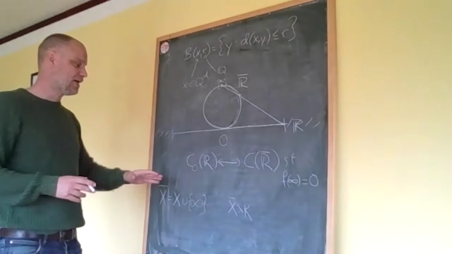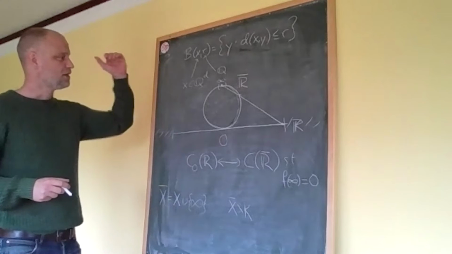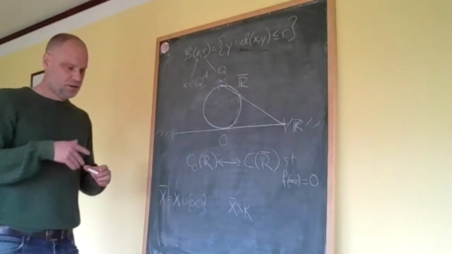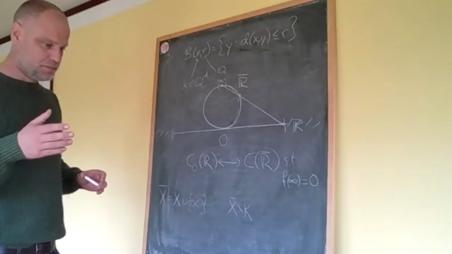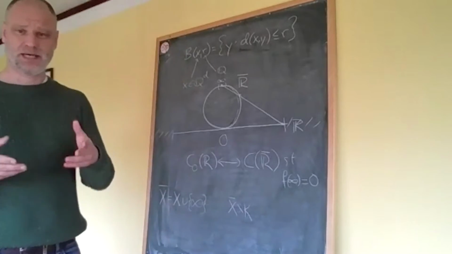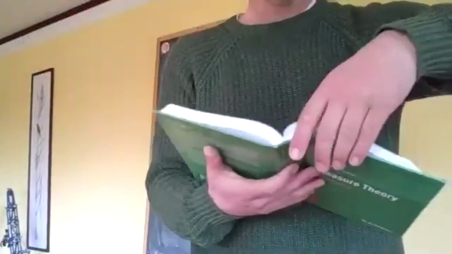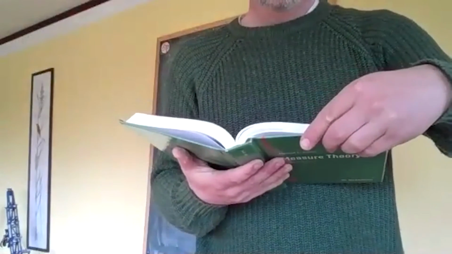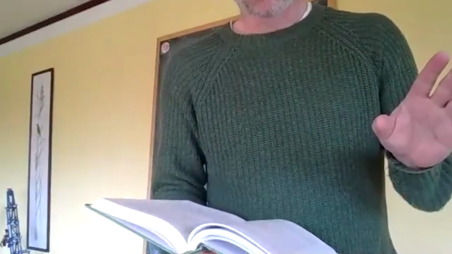And armed with that, he's able to prove this statement that if you have a topological space which has a countable basis, then it is metrizable. It has to be Hausdorff also. So compact Hausdorff.